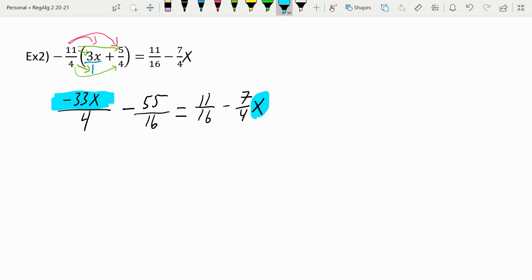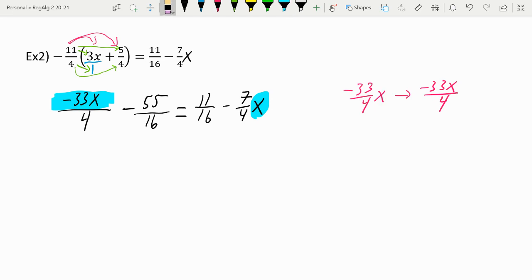It doesn't matter where you write the X. So you can either have the X in the numerator position, up on top like I have right here, or you could have it right next to it, and it still means the same thing.